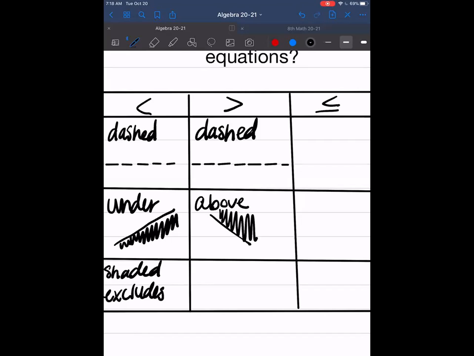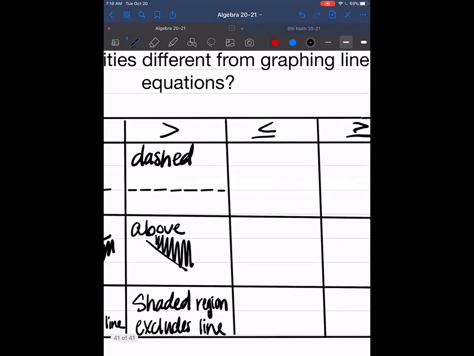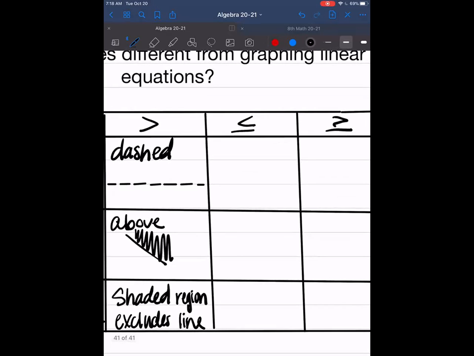But this solution set is just the shaded region. Once again, it excludes the line. I should have added line here. Shaded and excludes the line. So it's the shaded region. I don't have space to put region on the other one, but it's the shaded region and not including the line.